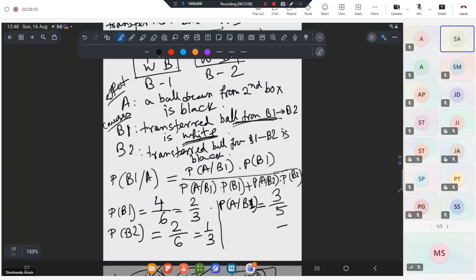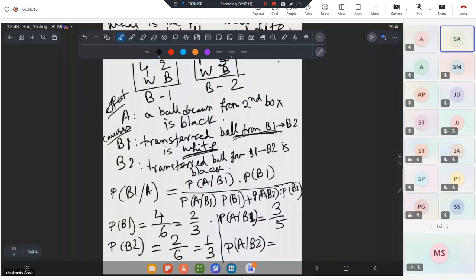Now what is the probability of E by B2? Given B2, you have transferred a black ball, correct? Now the composition of box 2 is 1 white ball and 4 black balls, total 5.